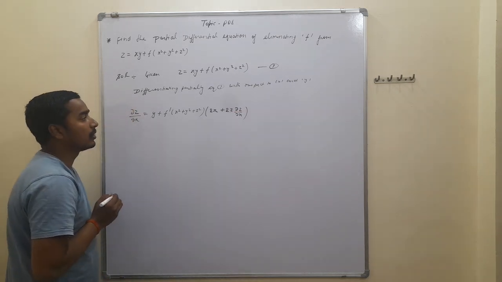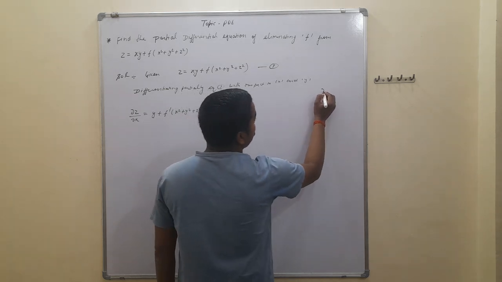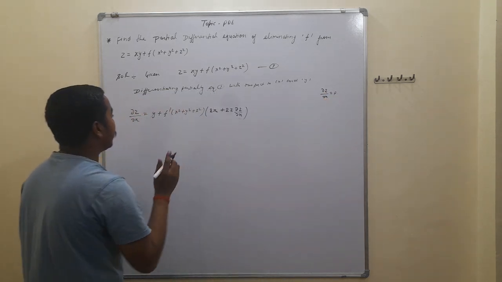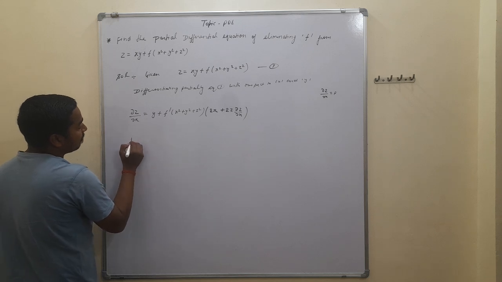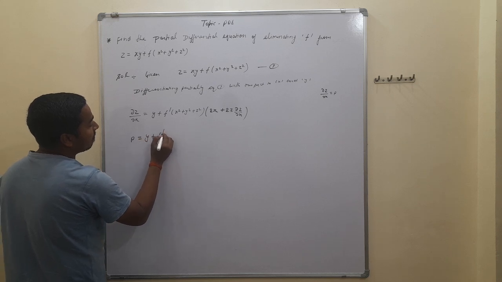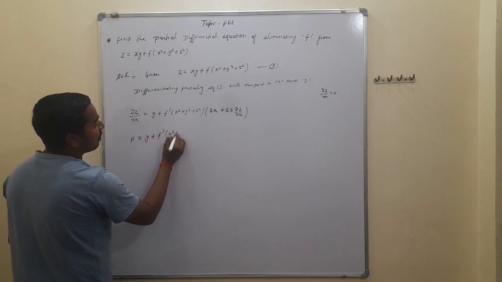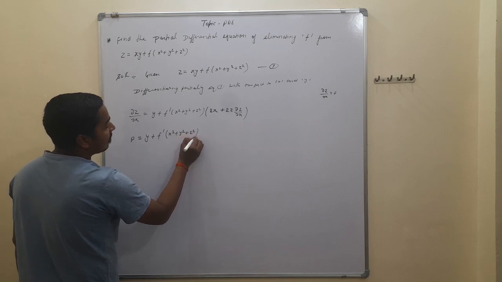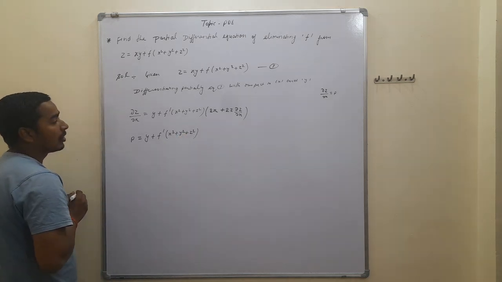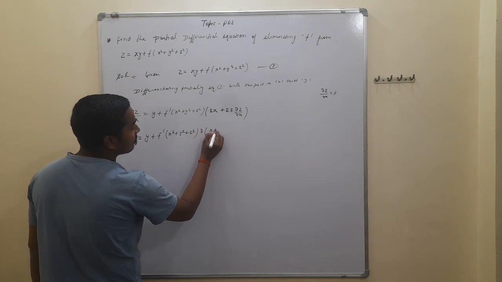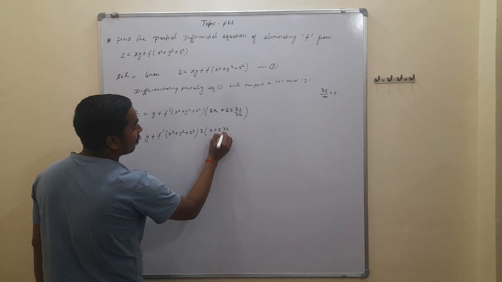We can also put ∂z/∂x as p. So p = y + f'(x² + y² + z²) times, taking a common 2, (x + z ∂z/∂x).